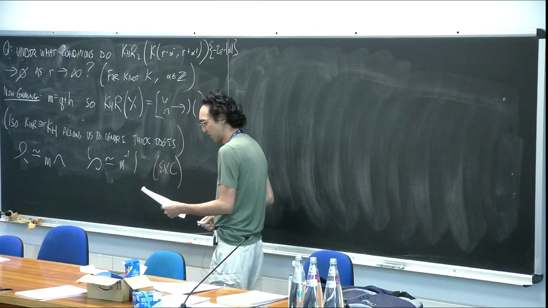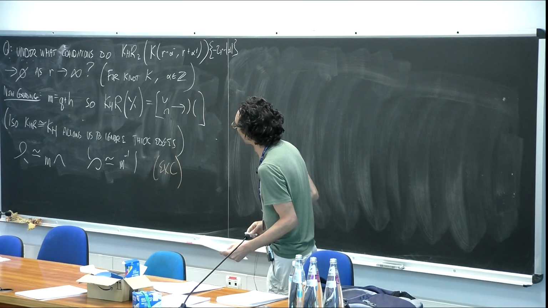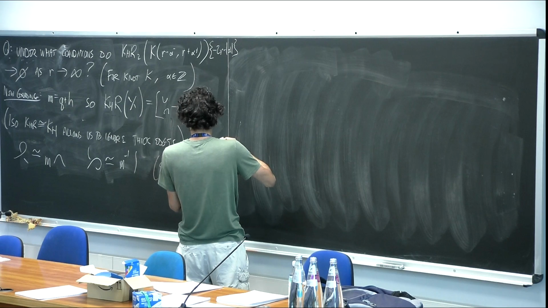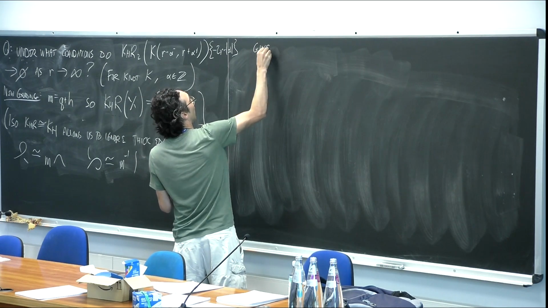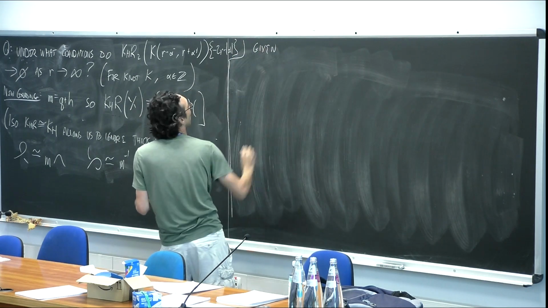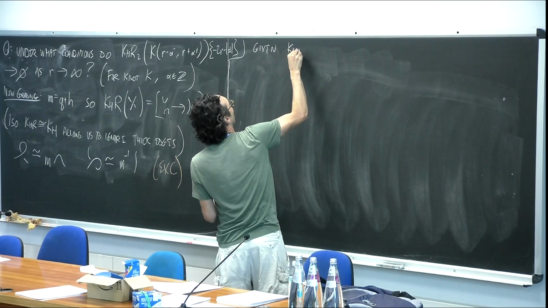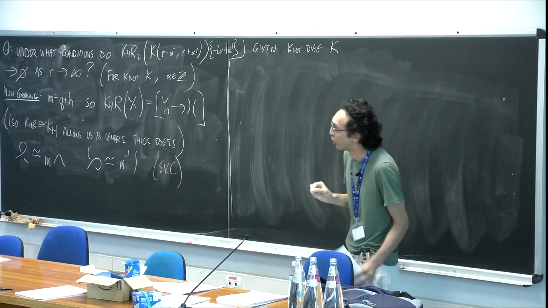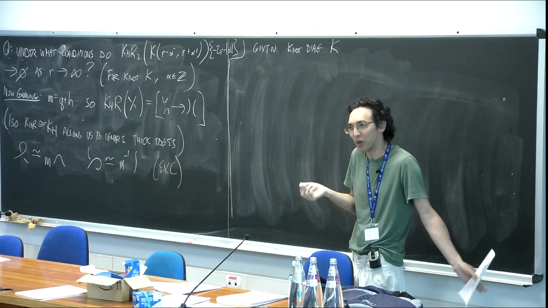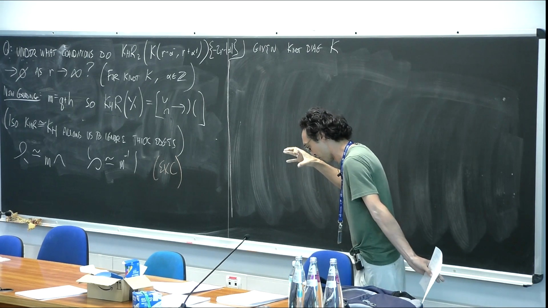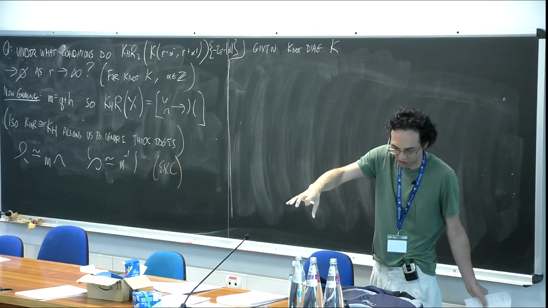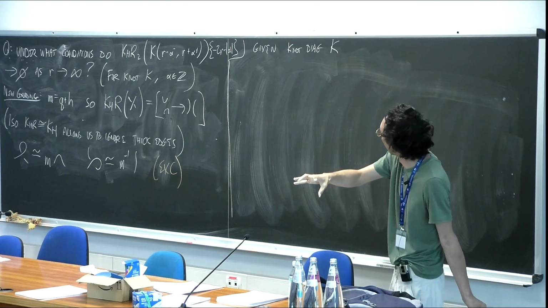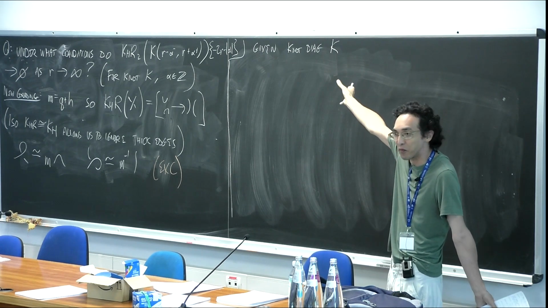Okay. So let's talk a little bit about this cabling situation. Given your two-handle body, it is two-handles being attached to some knot with some framing. First I just want to say, let's say I have a knot diagram for my knot.